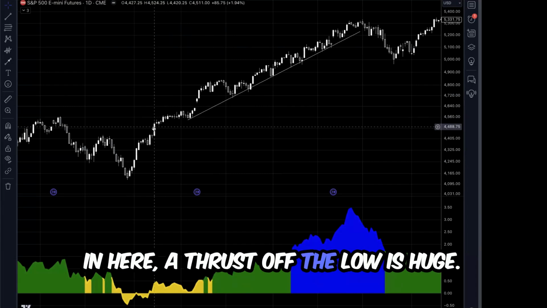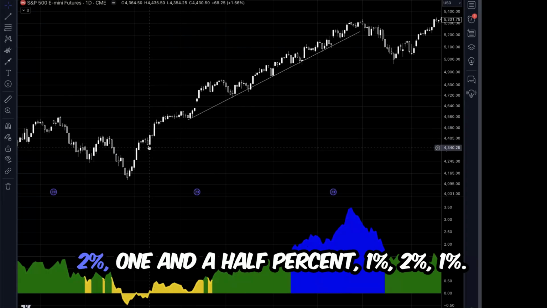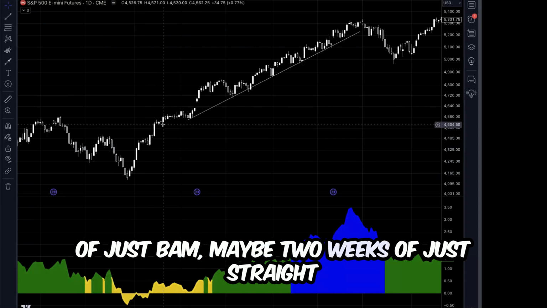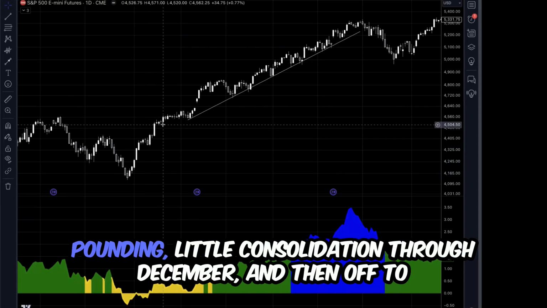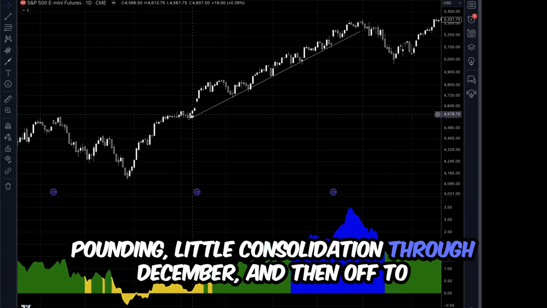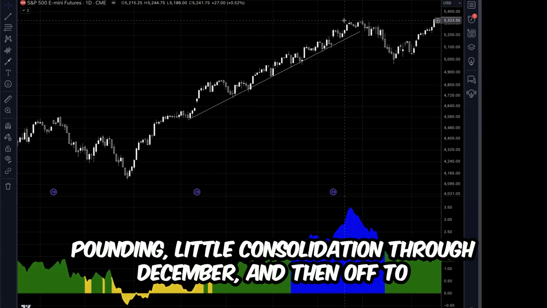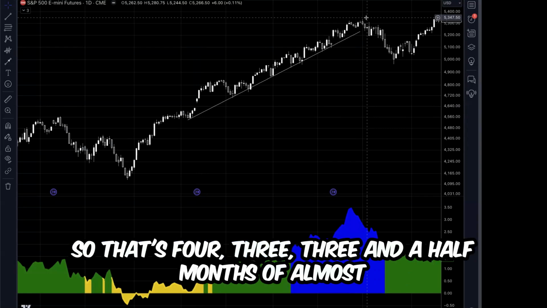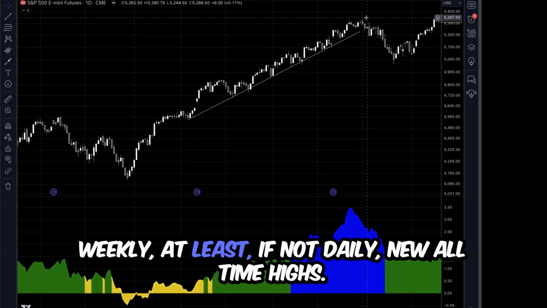A thrust off the low is huge. 2%, 1.5%, 1%, 2%, 1%. This was like a week, maybe 2 weeks, of just straight pounding. Little consolidation through December, and then off to the highs right about at the 1st of April. So that's 3.5 months of almost weekly, if not daily, new all-time highs.